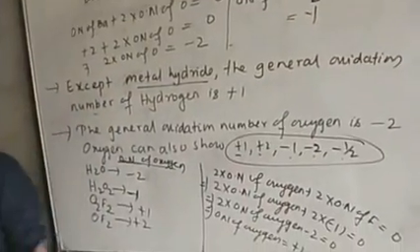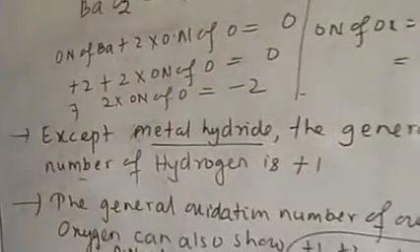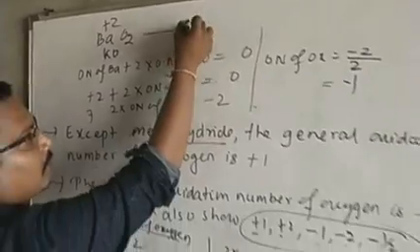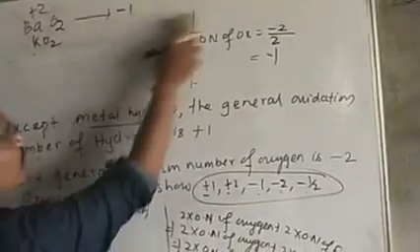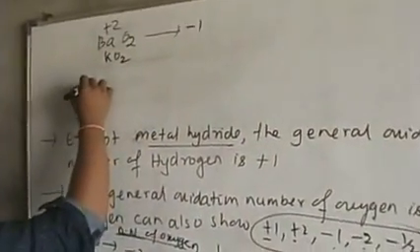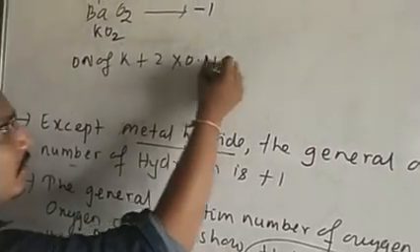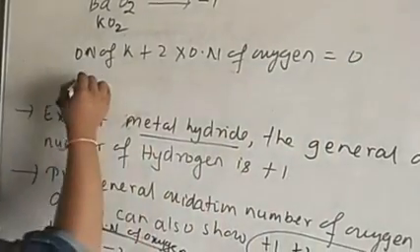If you think about another example, suppose KO2. What is the oxidation number of oxygen in KO2? The oxidation number of K plus 2 times the oxidation number of oxygen is equal to 0.